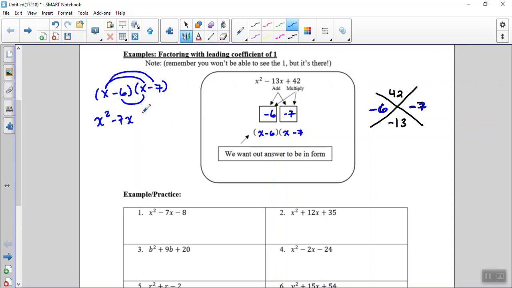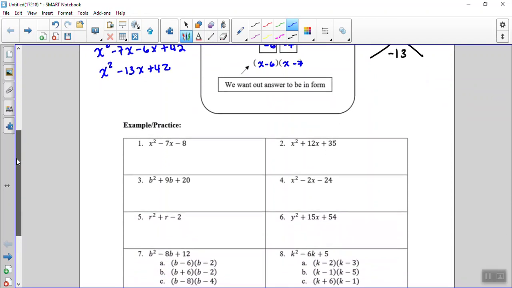Negative 6 times x is negative 6x, and negative 6 times negative 7 is positive 42, because negative times a negative is positive. And then you combine your like terms. Negative 7 minus 6 is negative 13x plus 42. I got my original expression back.